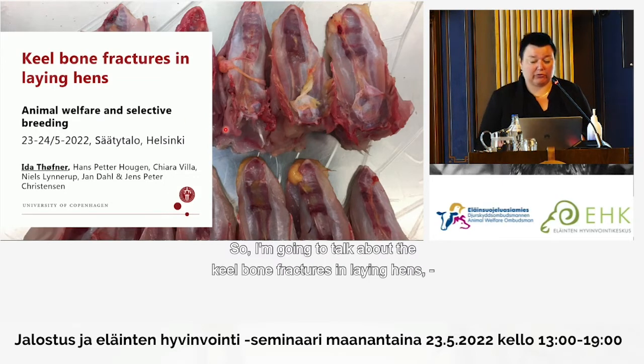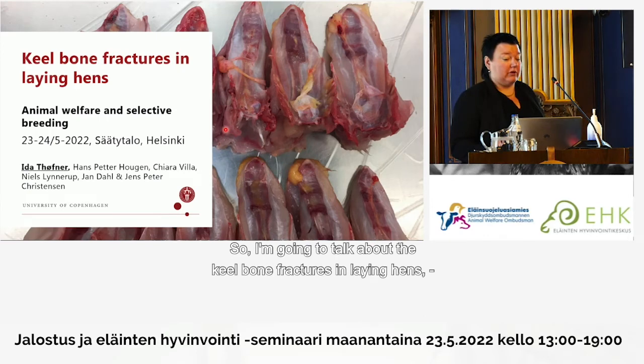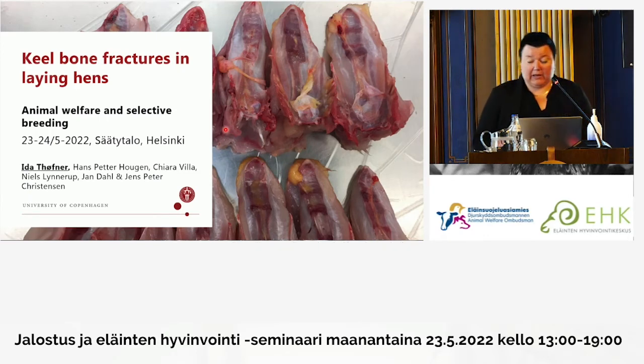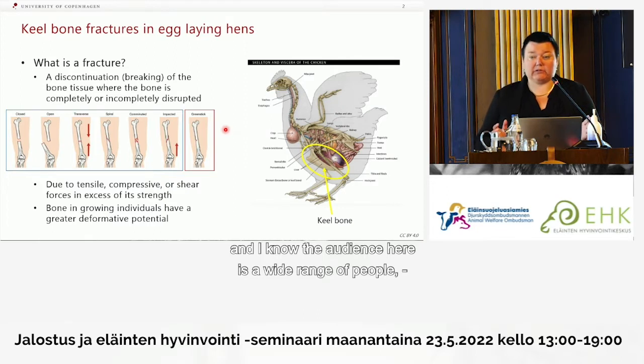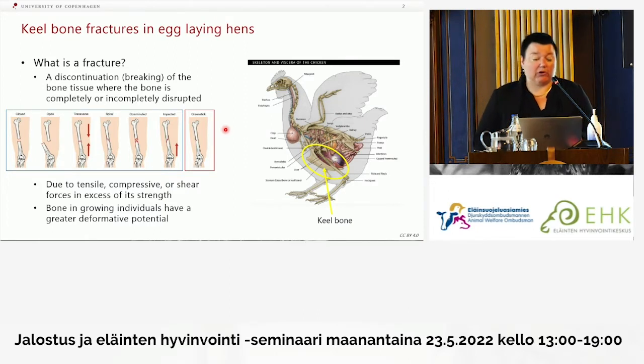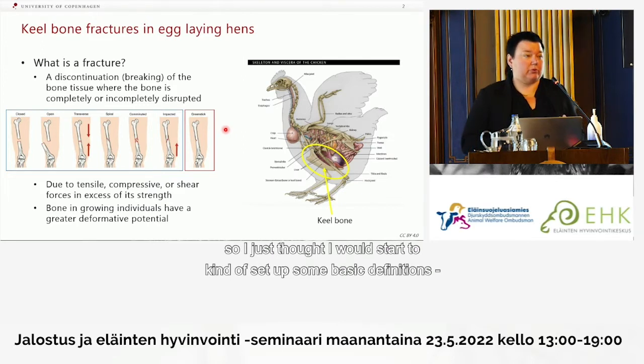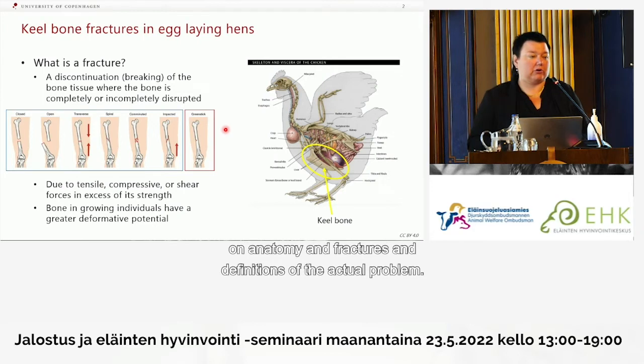I'm going to talk about keel bone fractures in laying hens, and I know the audience here is a wide range of people, so I thought I would start by setting up some basic definitions on anatomy and fractures and definitions of the actual problem.